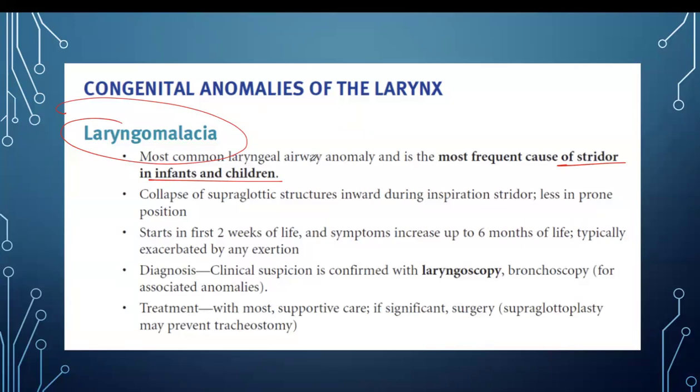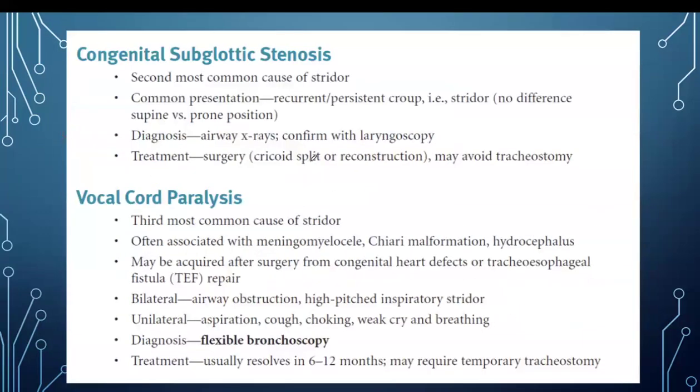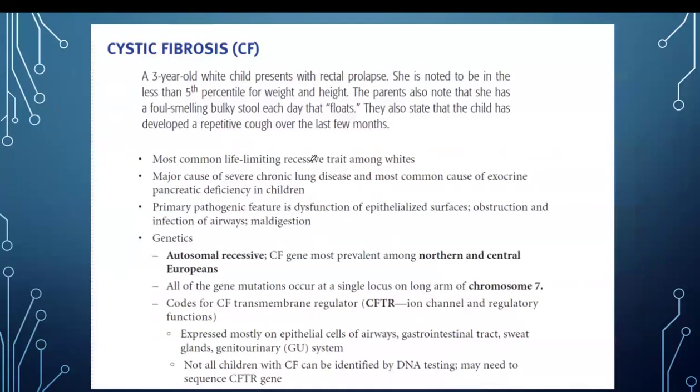When they cry, the stridor gets worse, which is usually a clue to think of laryngomalacia. The question usually asks, what is the most common cause of stridor in infants? That's laryngomalacia.